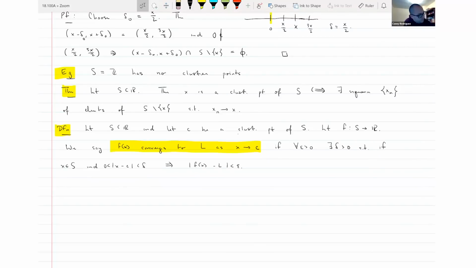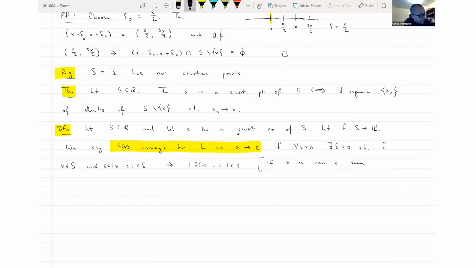So if you'd like, this is just an intuitive interpretation of what this definition says.